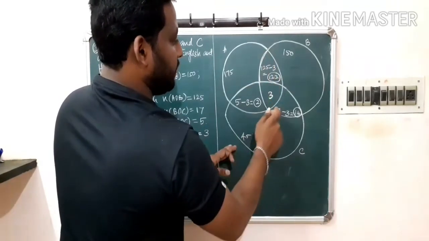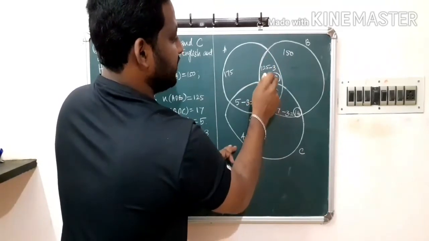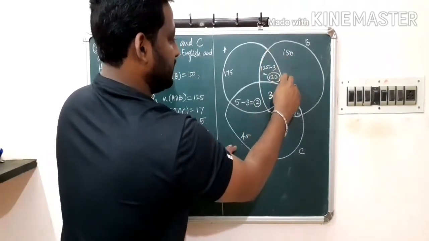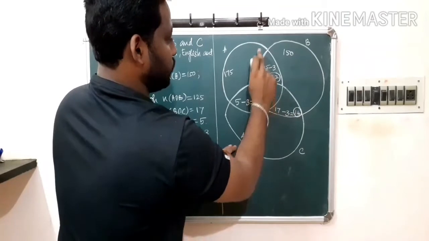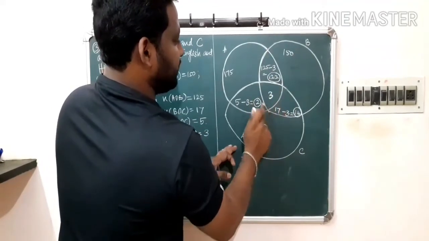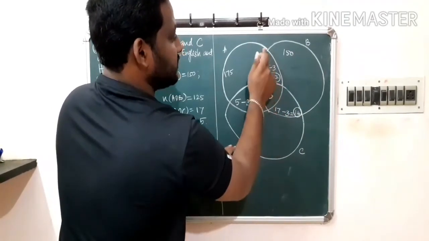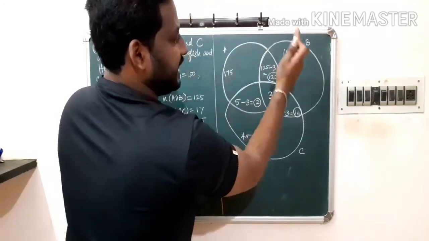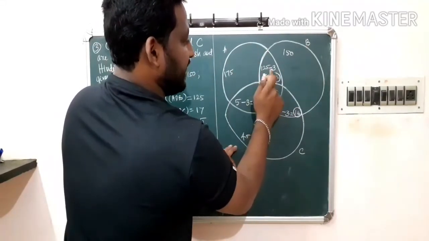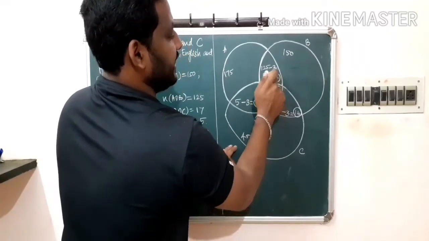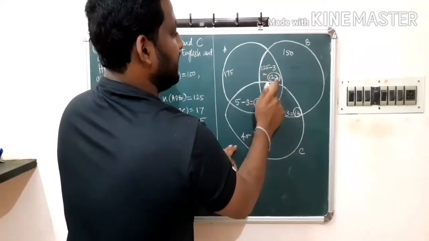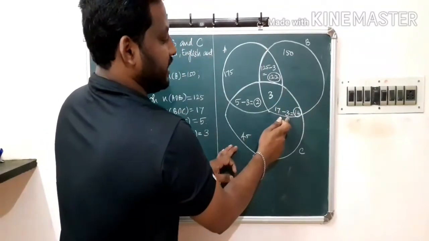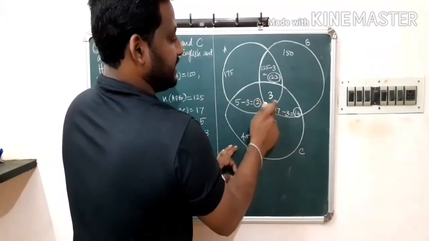Clear? This whole part is 125. Here we are going to find this part alone. So the whole part is 125, this part alone 3, so 125 minus 3 is equal to 122. So 122 families are getting only Tamil and English. 14 families, 17 minus 3, 14.